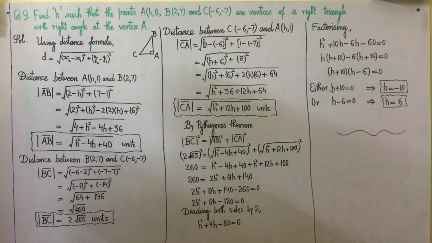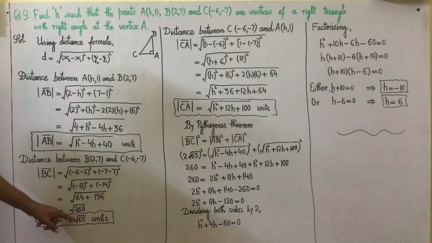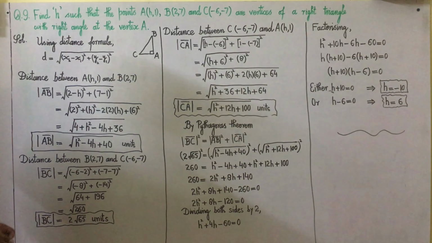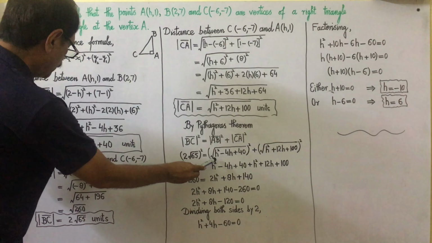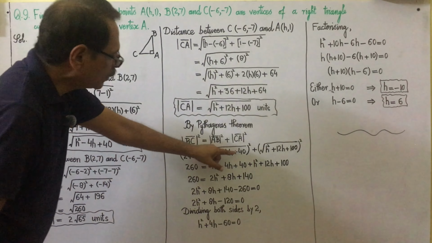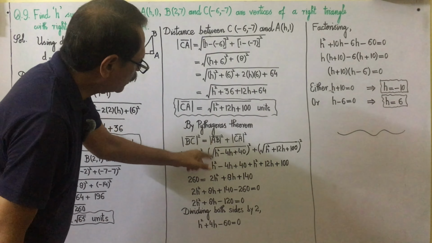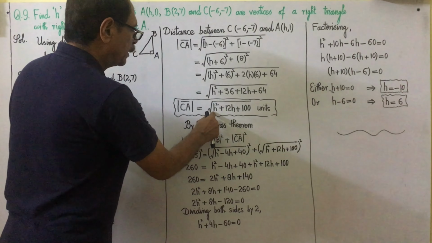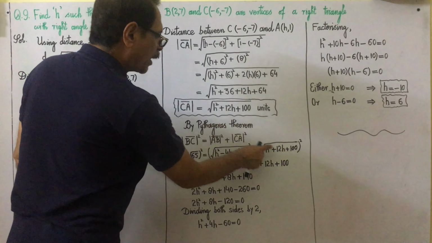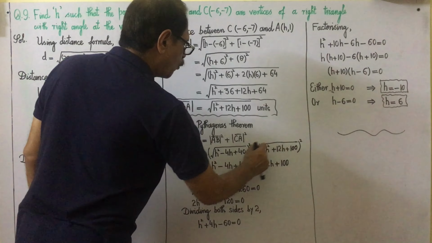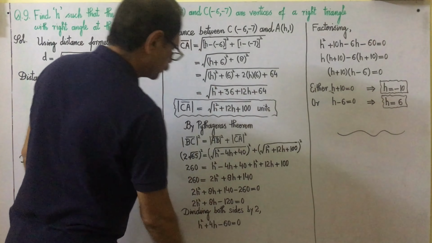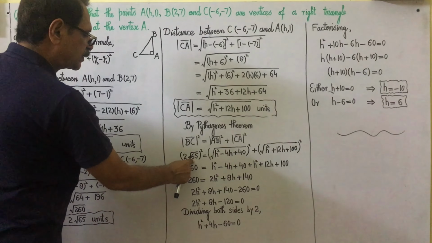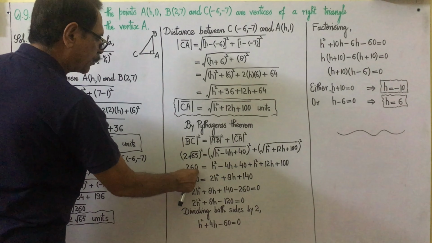Substituting the value of BC as 2 into square root of 65, so BC square is equal to AB square, where AB is the square root of h square minus 4h plus 40, plus CA square, where CA is the square root of h square plus 12h plus 100. 2 square is 4, square root of 65 square is 65, 4 into 65 is going to be 260.